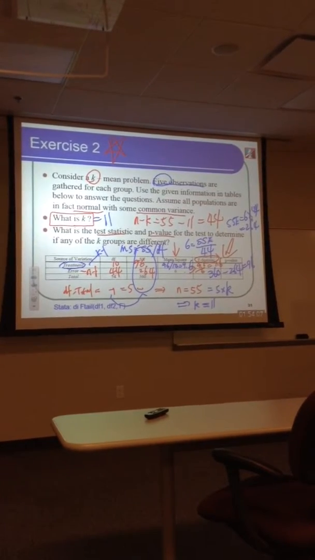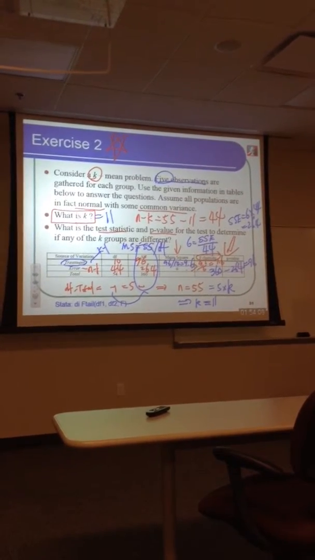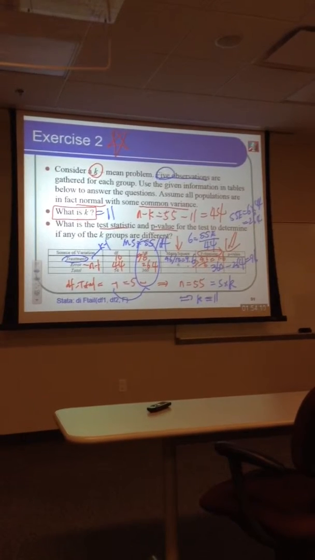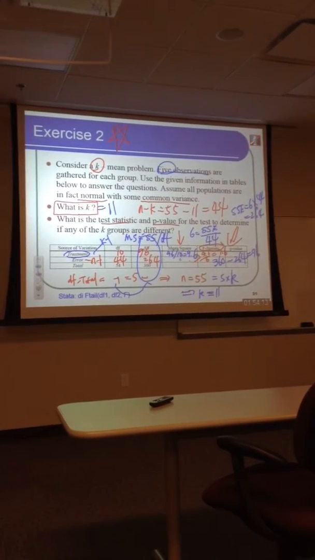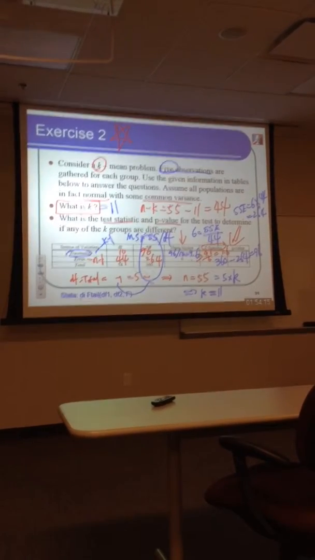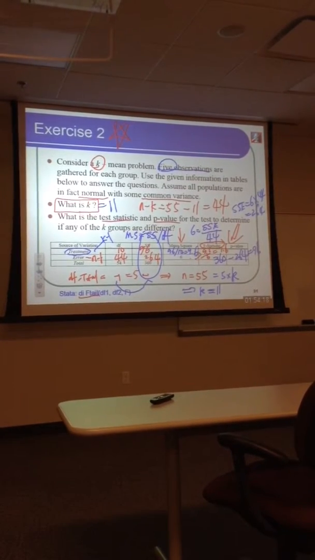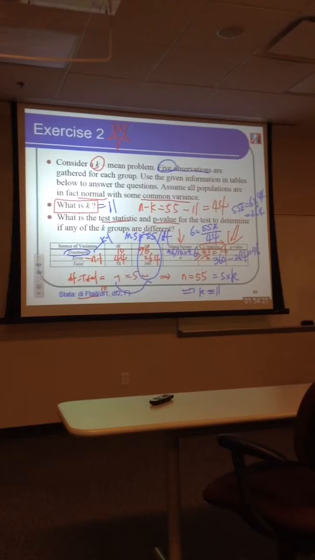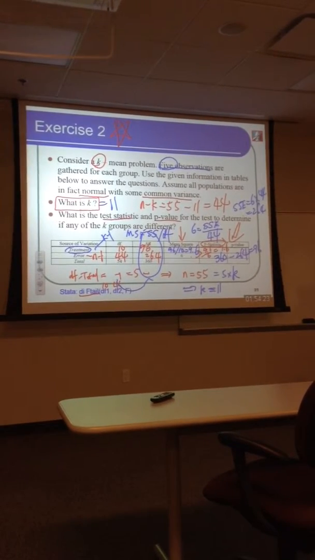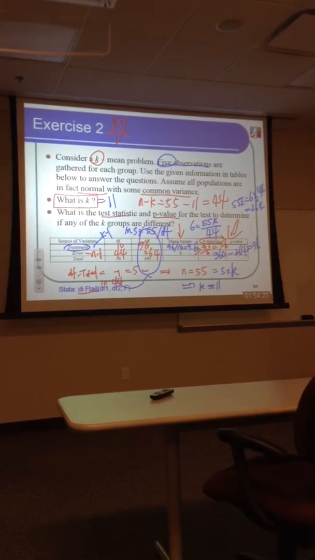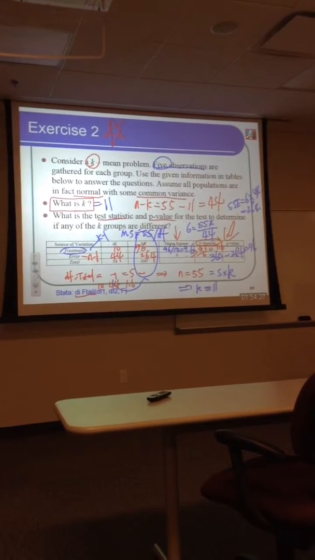Now this F test statistic follows an F distribution. For the p-value, there's no way you can calculate this by hand, so you use the Stata command. The degree of freedom for the numerator equals 10, the degree of freedom for the denominator equals 44, and the value of the F test statistic equals 1.6.